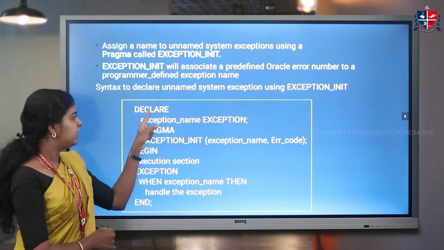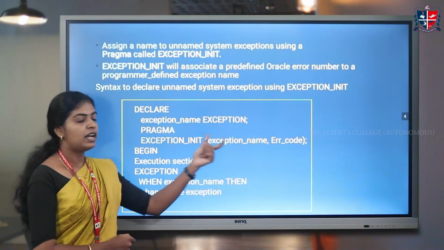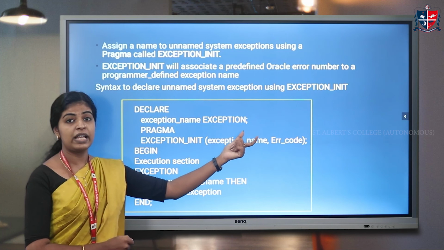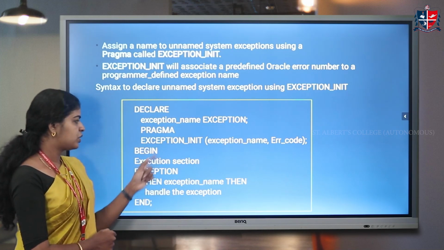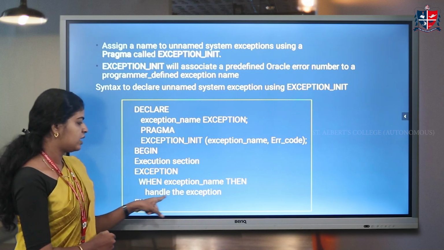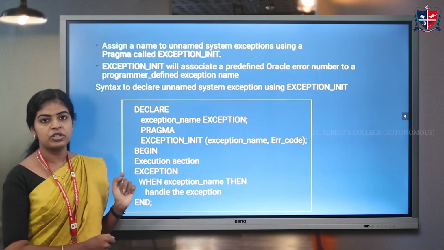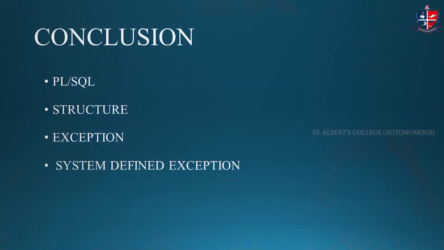You can see in this declaration part: exception_name EXCEPTION, PRAGMA EXCEPTION_INIT, exception name, and an error code. We can give the name here along with the associated error number. After that, based on this exception name, we can handle the exception. This is the structure of an unnamed system exception.